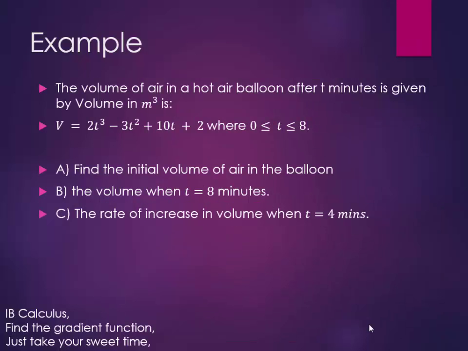That's right. The volume of a hot air balloon after T minutes is given by the volume in meters cubed, V equals 2T cubed minus 3T squared plus 10T plus 2, and we have an interval of 0 to 8 minutes.